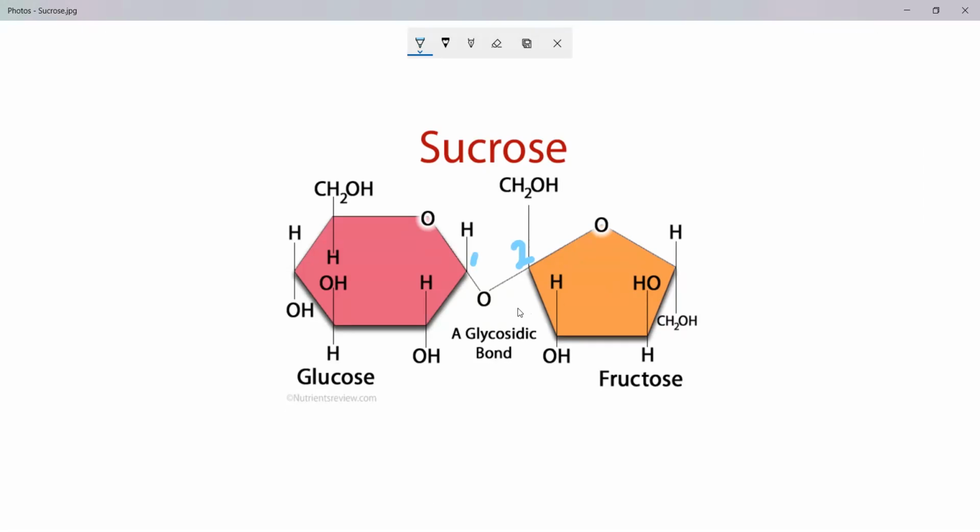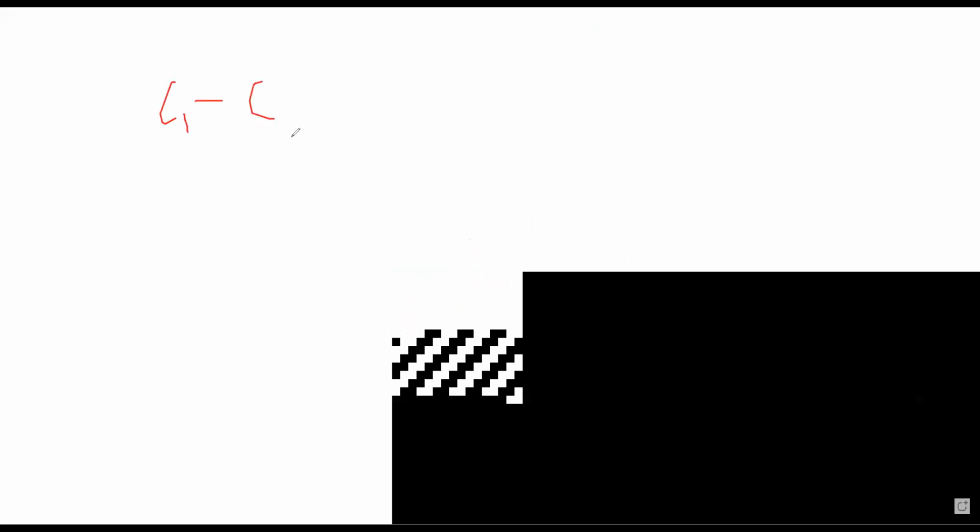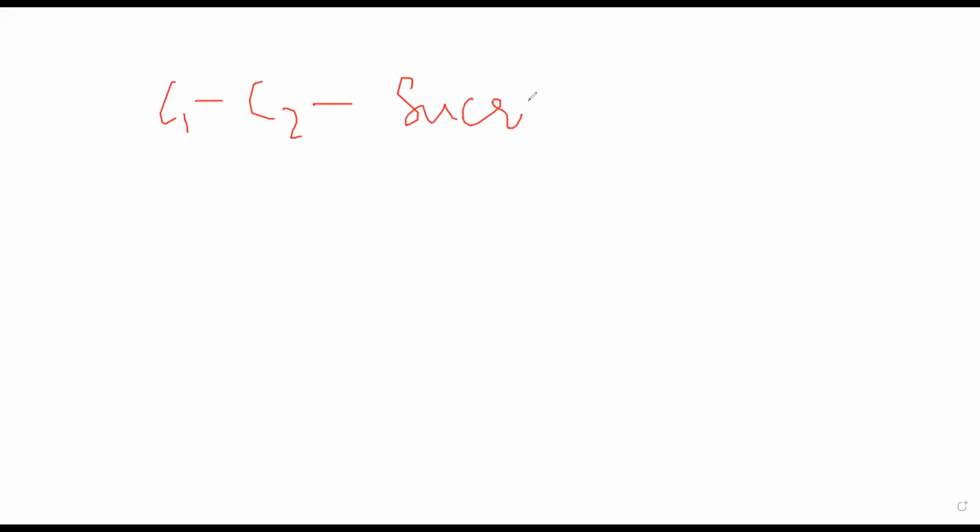Now, that can be variable as well. You can have, for example, maltose. Maltose has a 1,4 bond. Maltose looks like this; look, here the first carbon of the structure on the left is attached to the fourth carbon on the structure on the right. So this is called a carbon 1,4 linkage, and the previous one is called a carbon 1,2 linkage. Similarly, you can have several different types. So C1 C2 linkage is sucrose. C1 to C4 linkage is maltose.